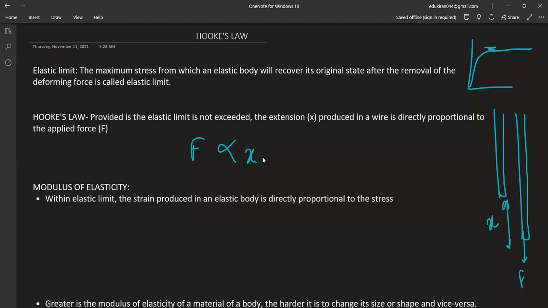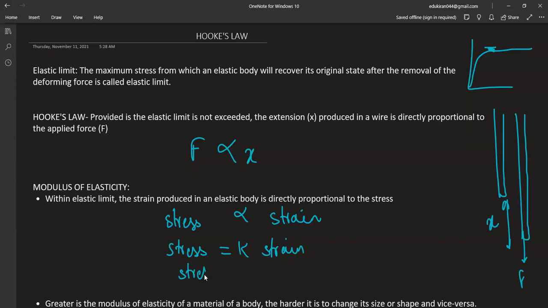Now, if you go into the details of Hooke's law, it basically says that stress is directly proportional to strain. Now see, if stress is directly proportional to strain, in order to remove the proportionality constant, stress is equal to K times the strain.